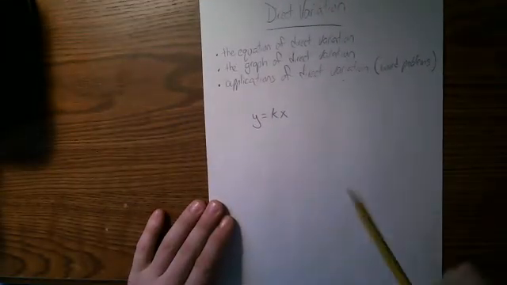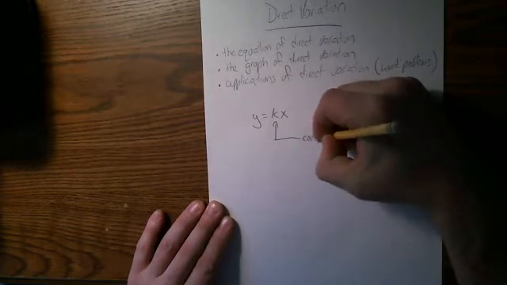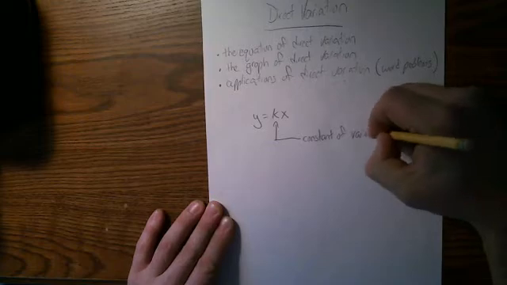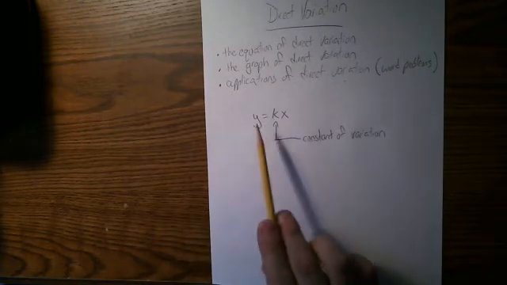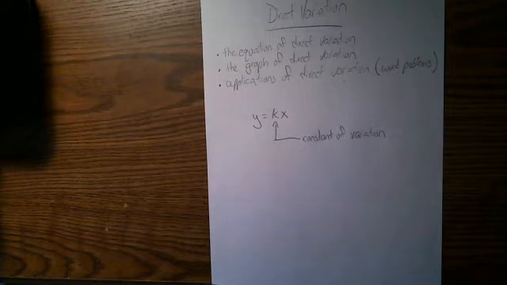Now this k is a number, and this is called the constant of variation. What this is saying to you is that y is defined by some multiple times its x value.